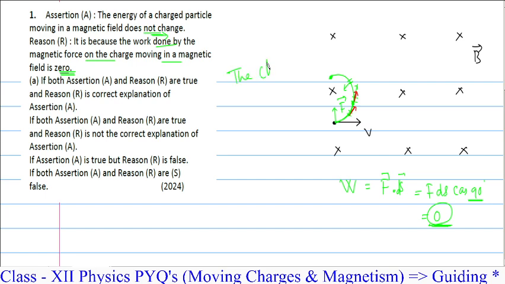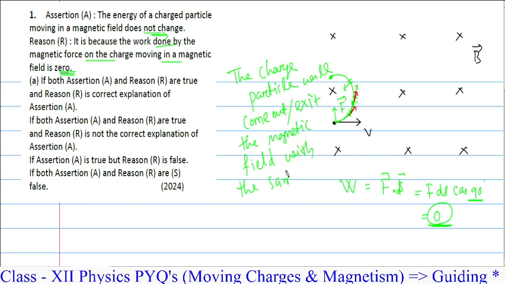The charged particle will exit the magnetic field with the same energy as it was having while entering.